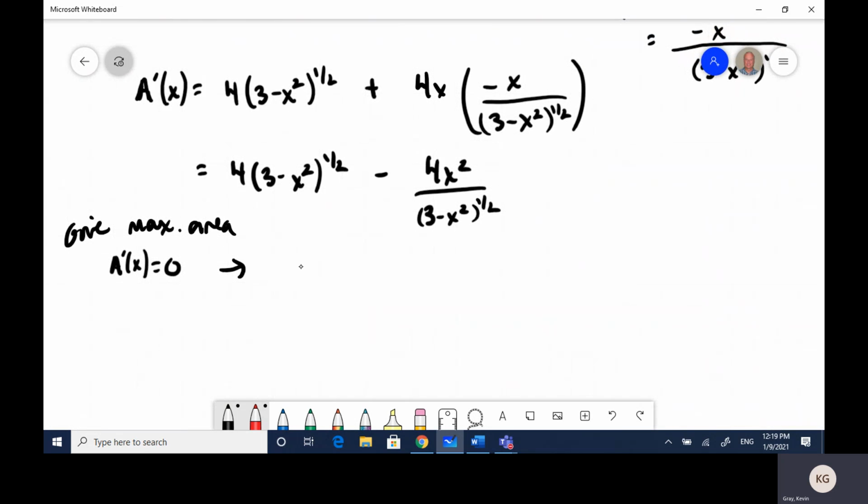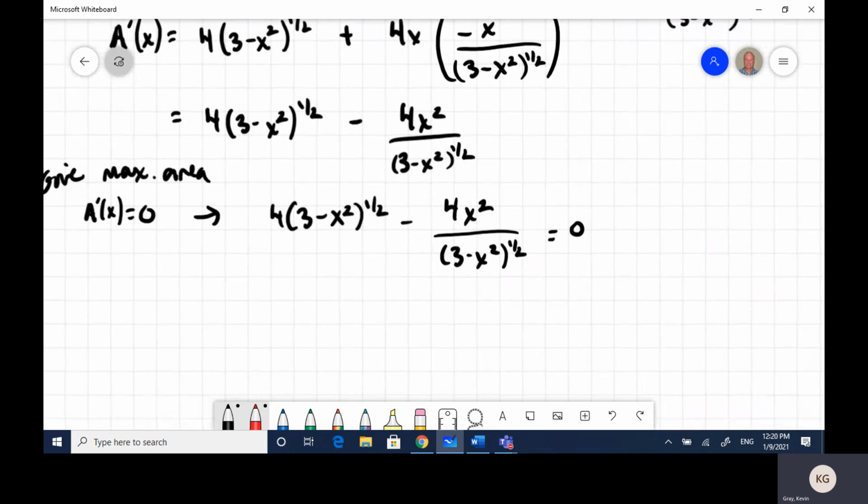Okay, so I've got to set this expression equal to 0. Now there's a variety of ways I can solve this. I could get a common denominator and just work on the left-hand side, right? You get a common denominator, add these together.